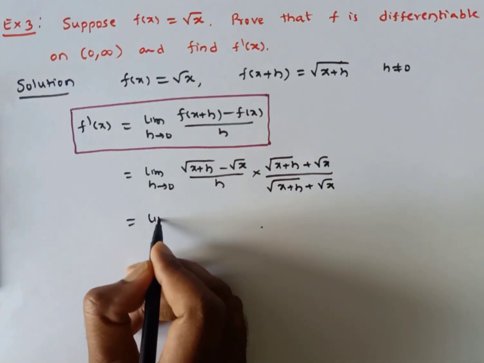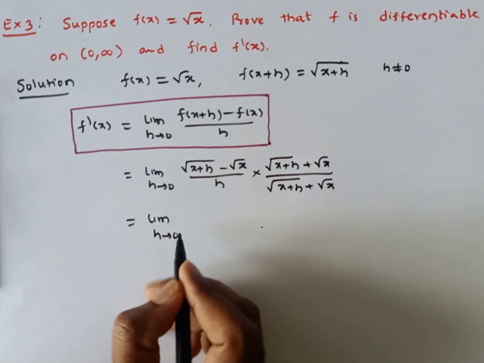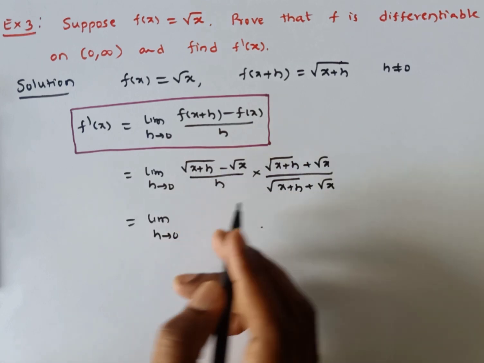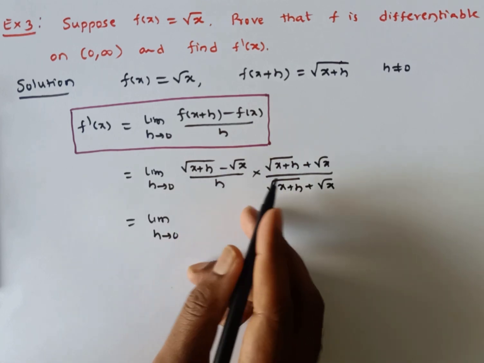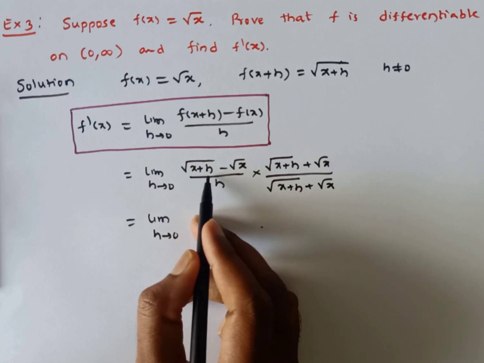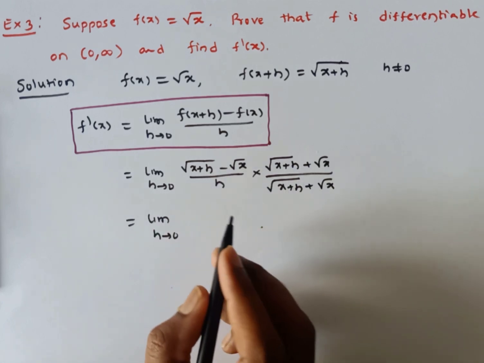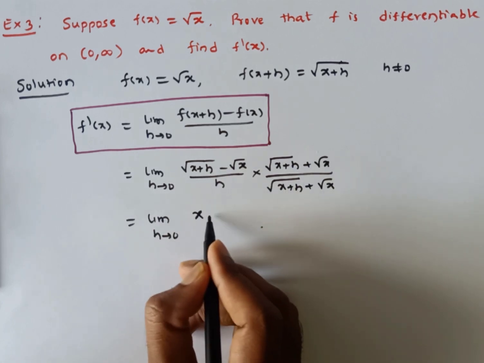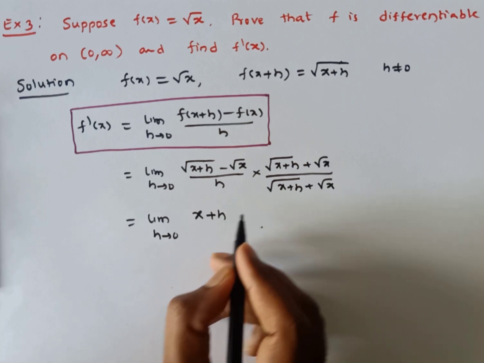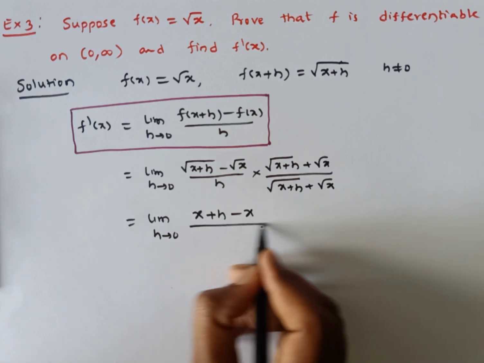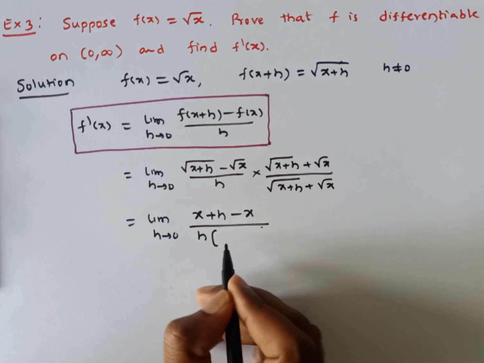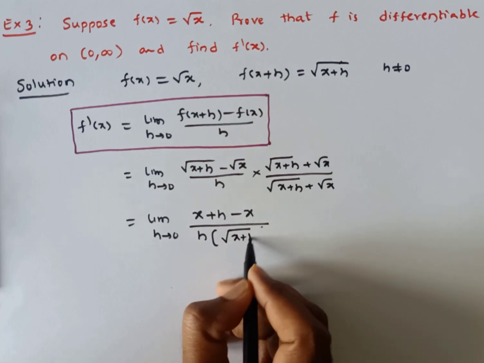Limit h tends to 0. Now it is a minus b into a plus b form, so a square minus b square: root of x plus h whole square minus root x square, that is x plus h minus x, divided by h into root of x plus h plus root x.